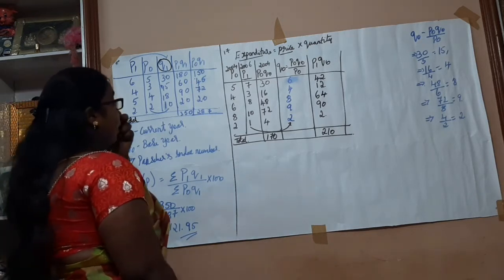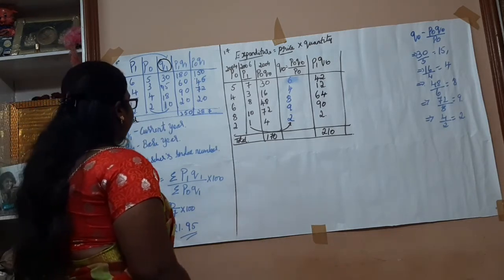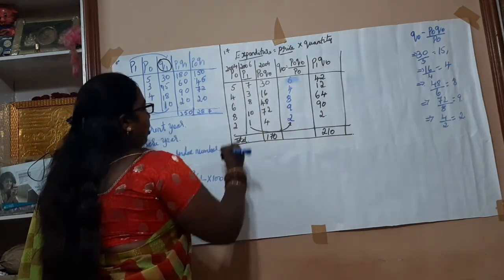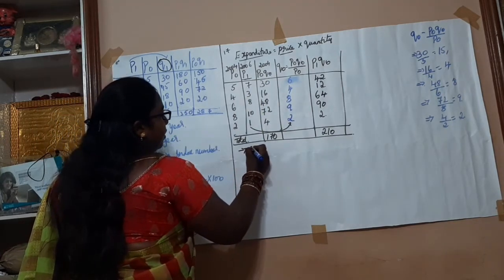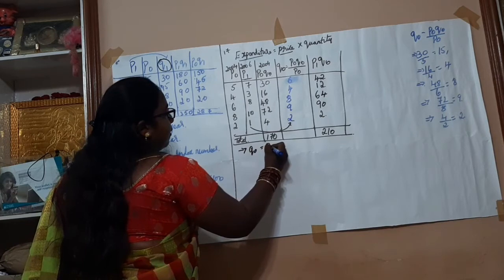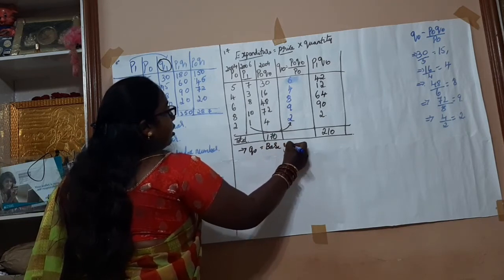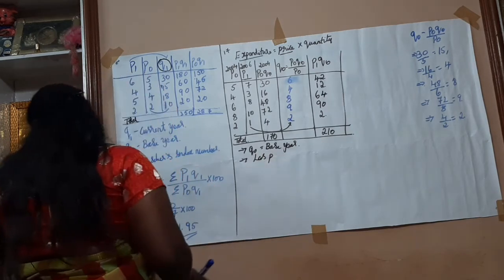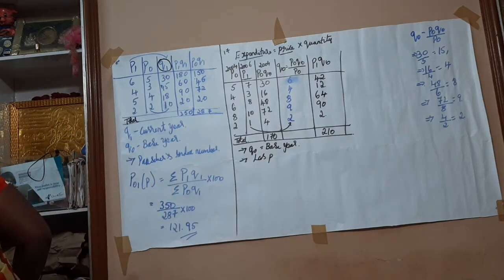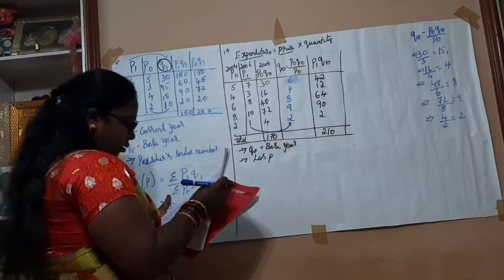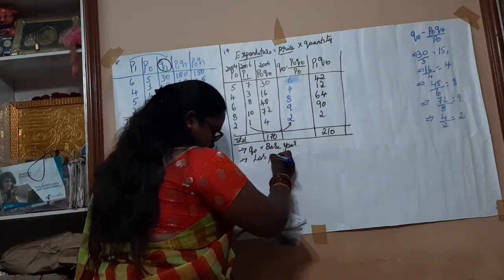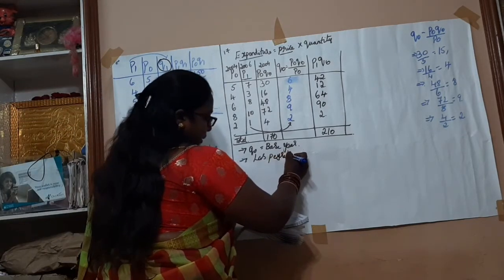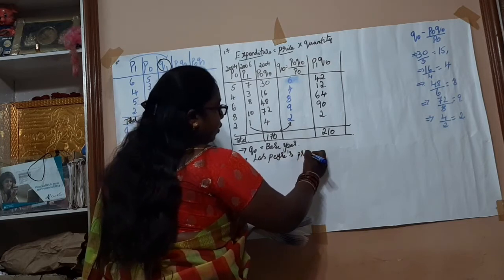Next, you need to find the formula. We have here Q0, that is base here. In the question only they have asked us to find out last year's price index.